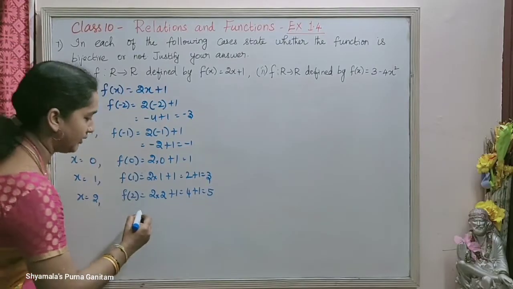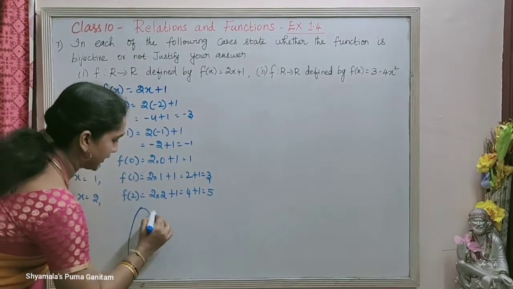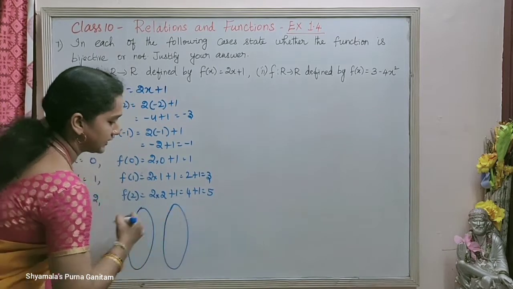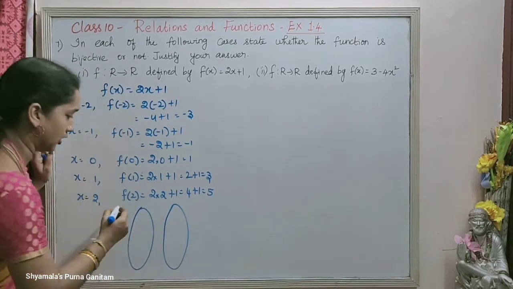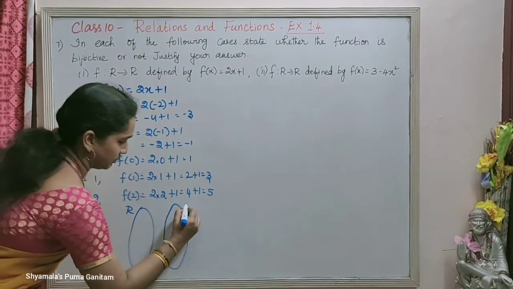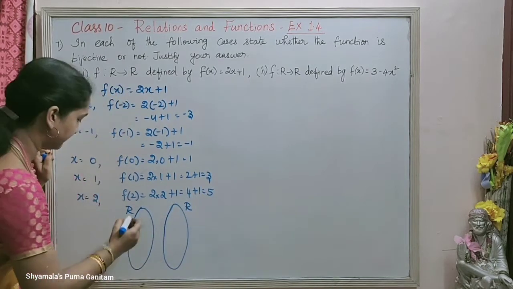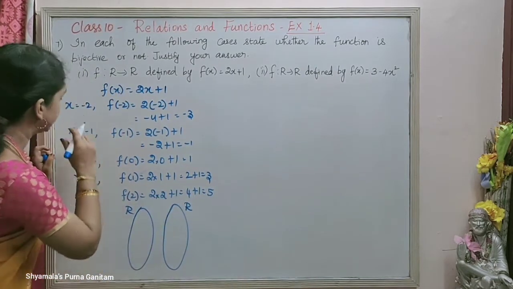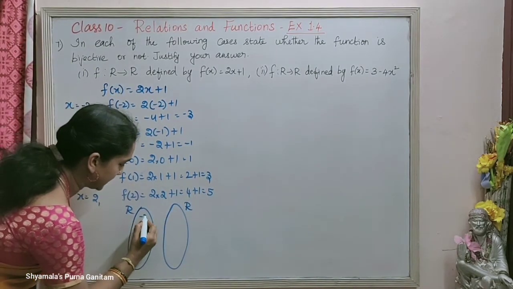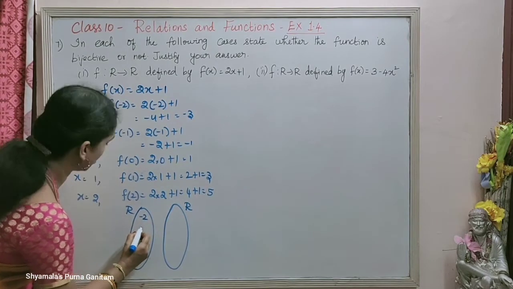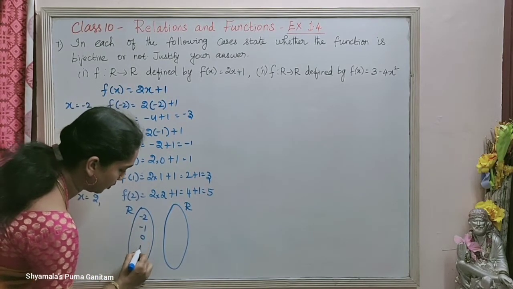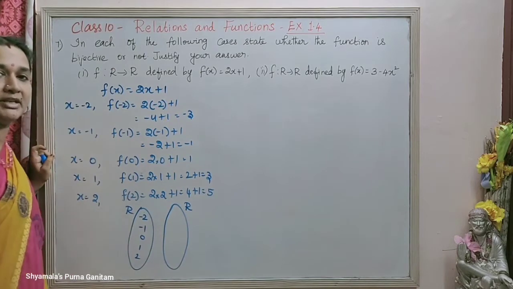Okay, so we will represent this in the arrow diagram and check whether it is bijective or not. Both the sets are R. In the first set I am taking minus 2, minus 1, 0, 1, 2. These are the elements I am taking.